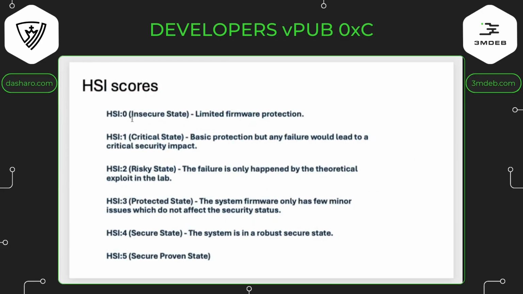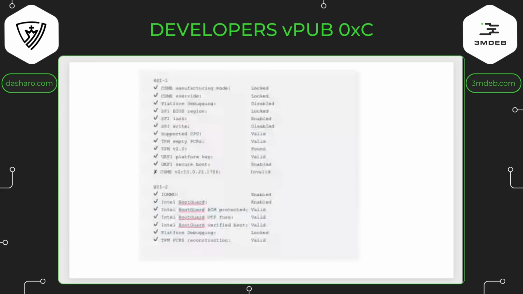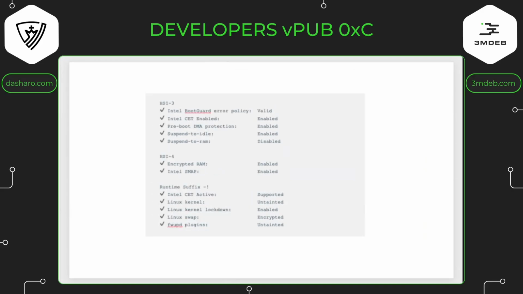This is an example of what the security scores are, HSI 0 through 5. And this is what it looks like when you run it, a run we did on one of our systems. It shows you by HSI level the state of different mechanisms. That's what an HSI run looks like.